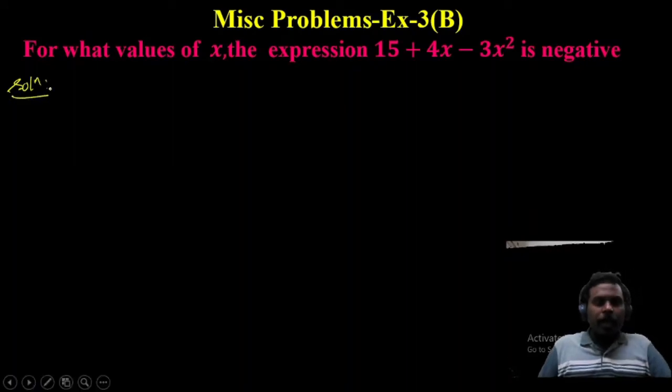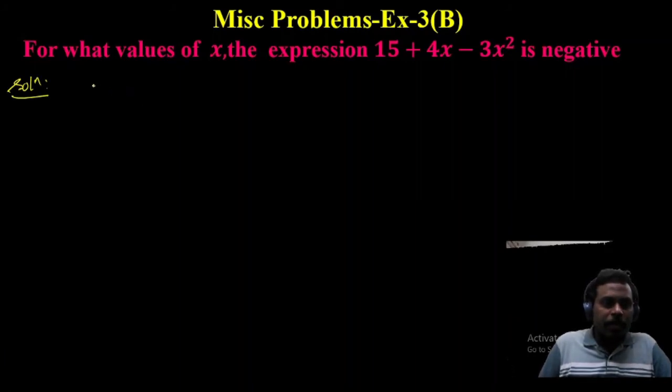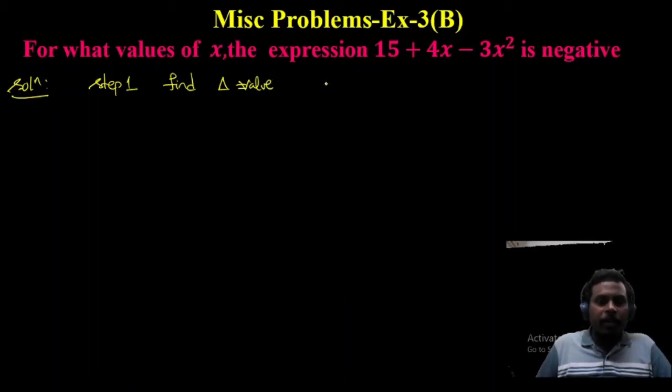See, in doing these kinds of problems, the first step is to find out the delta value. After finding this delta value, if delta is less than 0, apply theorem 1.